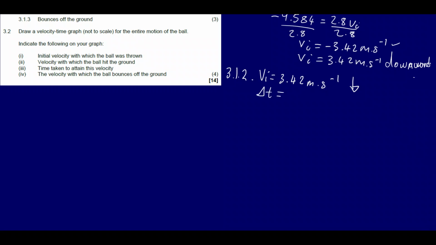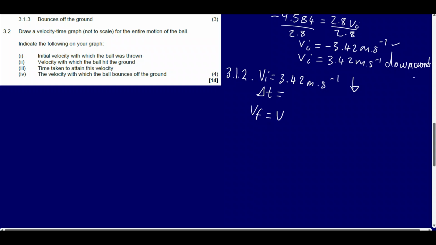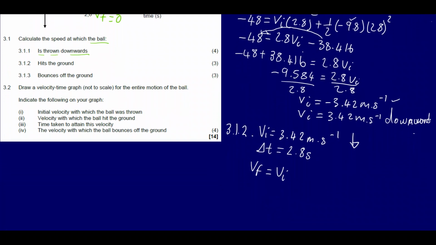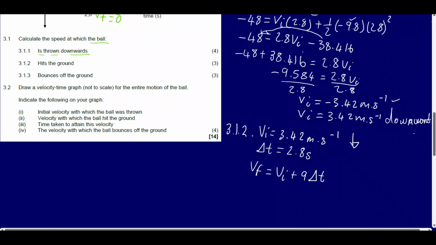If you look at your formula sheet there, you will see that Vf is equal to Vi plus a delta t, because we have the time, which is 2.8 seconds. And what else do we have there? We do have the displacement, but I think this formula would have been a suitable formula to use for that situation.